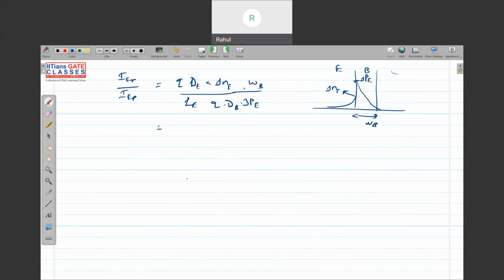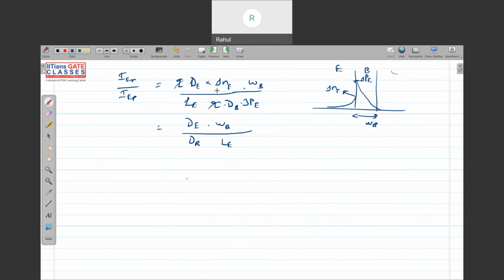So this implies Q gets cancelled. Okay. So what we got? DE, which in below DE will get DB. Above we got WB, below we got LE.